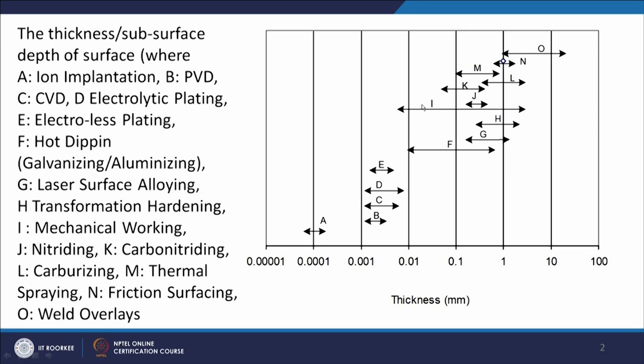I is for mechanical working, which has a very wide range depending upon the process being used. Then J is for laser nitriding, and N is for friction surfacing and O is for the weld overlays. So the thickest layer of surface modification is possible through weld surfacing, and the thinnest one is for the ion implantation.